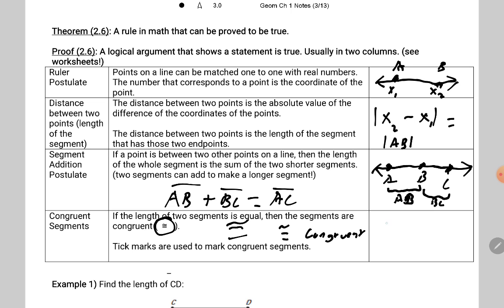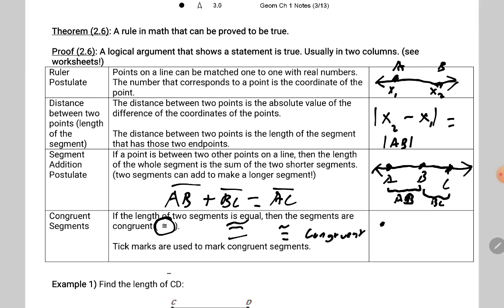There's a reason why we don't use the word equals, because congruent usually means same size, same shape. It's talking about the whole object, while equal we use for measurements, like the length of this is the same as this, and so on and so forth.